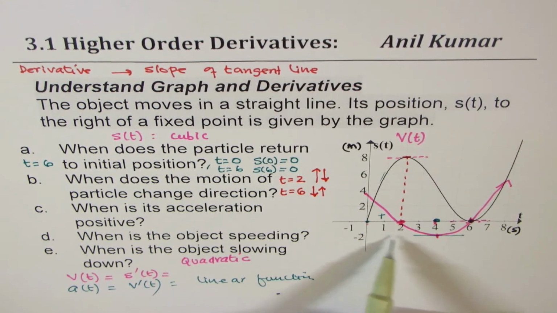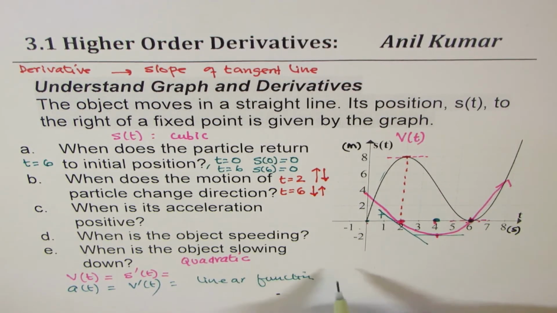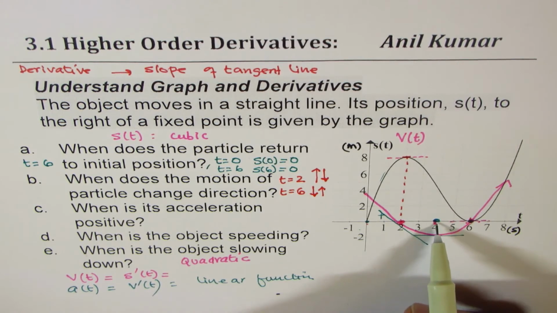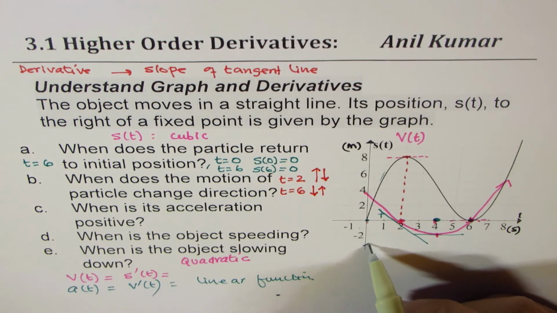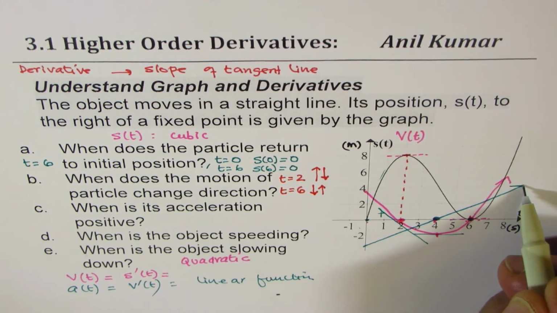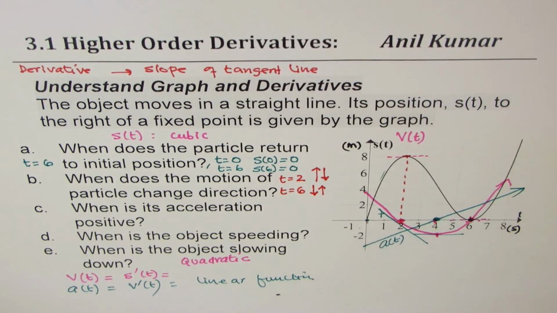In the first half, that is from 0 to 4, the tangent to the curve is negative, right? So that means acceleration will have a negative value before 4. So I could make any negative value here and join this point with a straight line. So this line indicates acceleration.